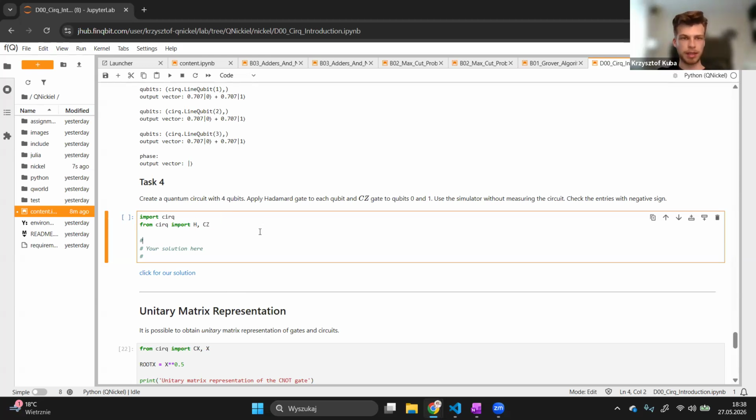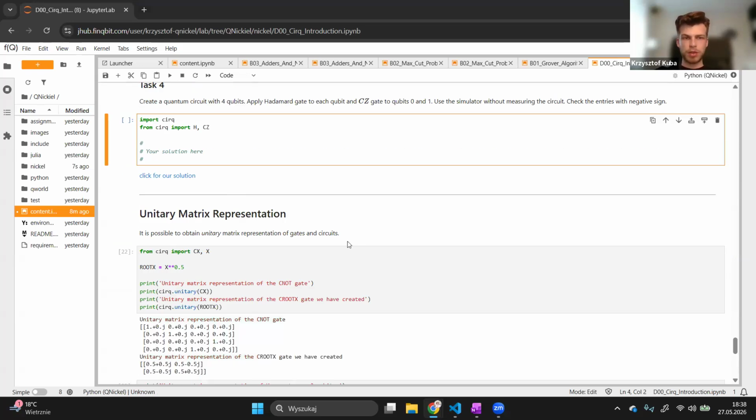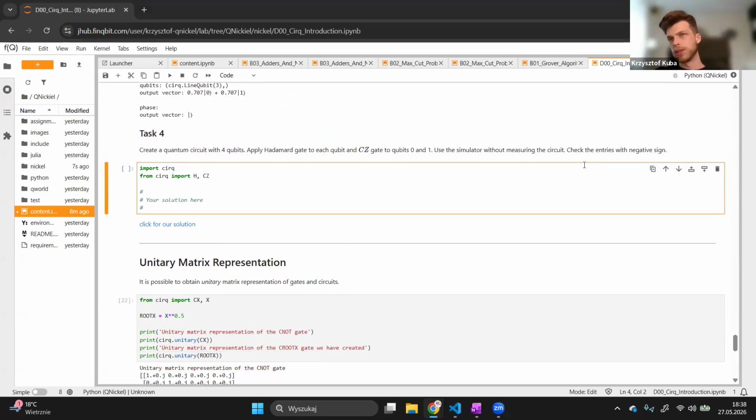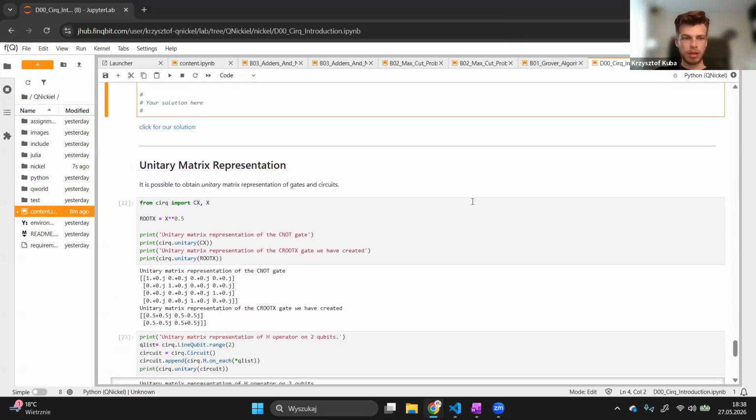So this is basically the phase kickback, I think. Maybe I'll give you 2 minutes for this one, and we will be almost finished with implementing the circuit notebook.